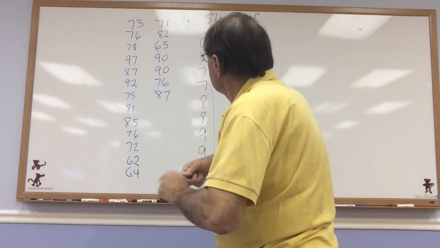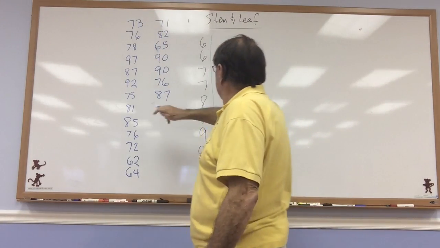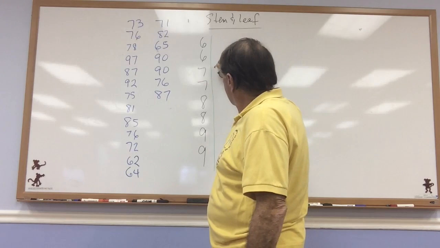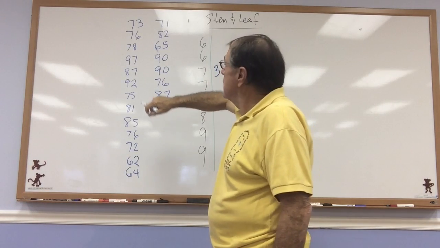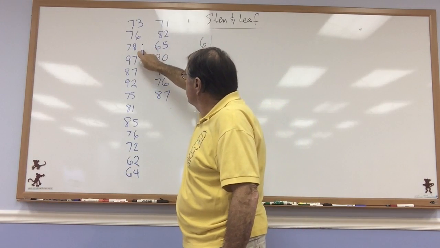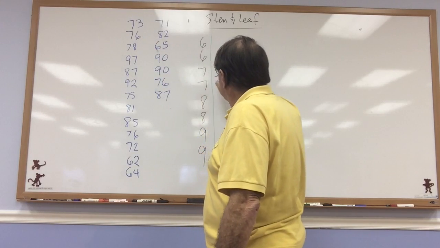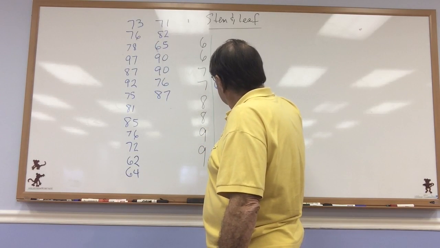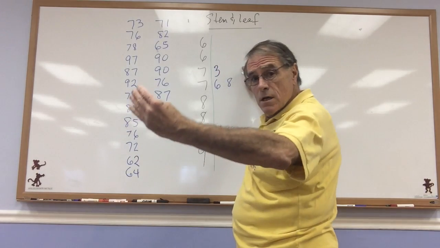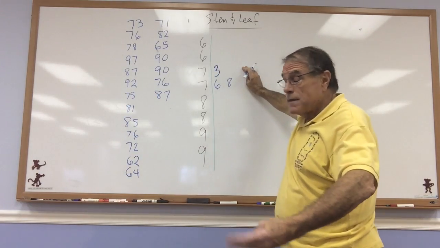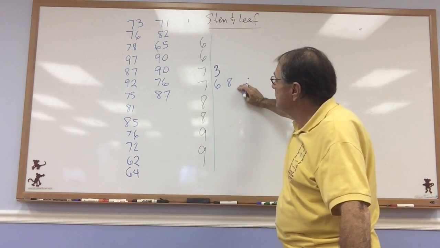So my first number is 73. That will go on the first stem. The next two, the 76 and 78, go on the second stem. Again, the first stem is 0 to 4, and the second is 5 through 9.